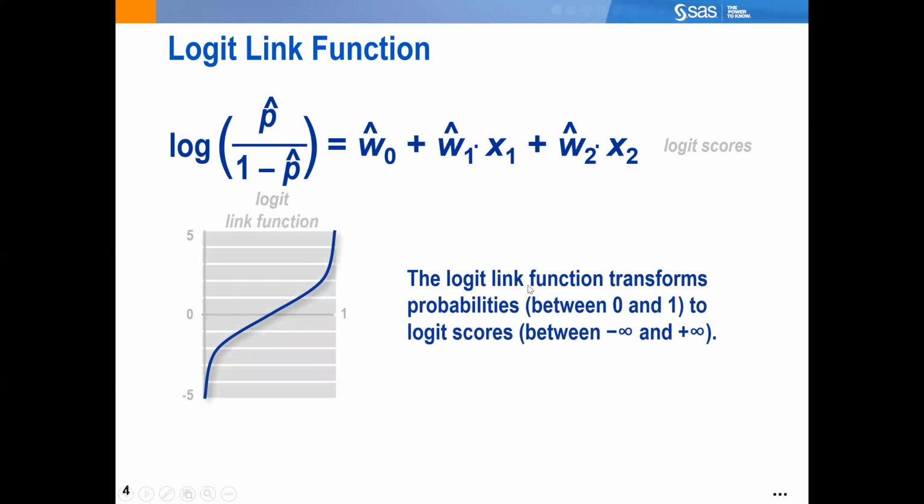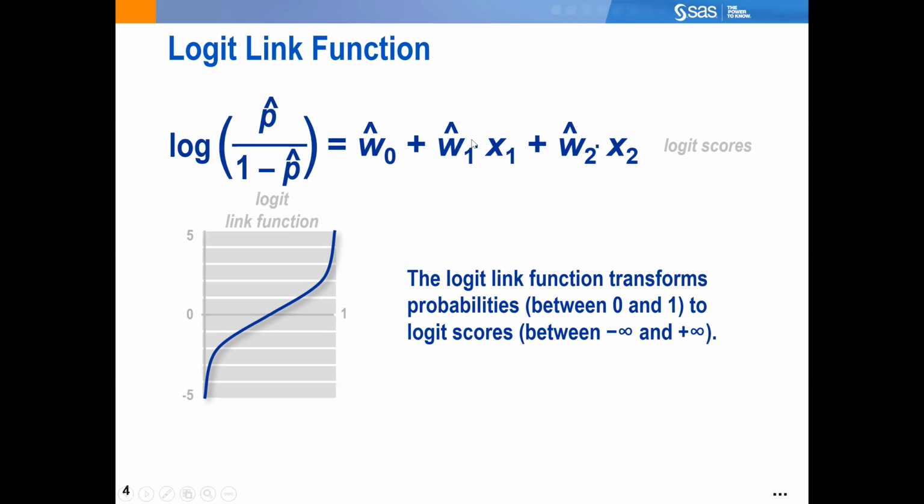This logit link function transforms probabilities between 0 and 1 to logit scores between negative infinity and positive infinity. In other words, when you solve this equation for given parameter estimates, you can get any number from negative infinity to positive infinity.